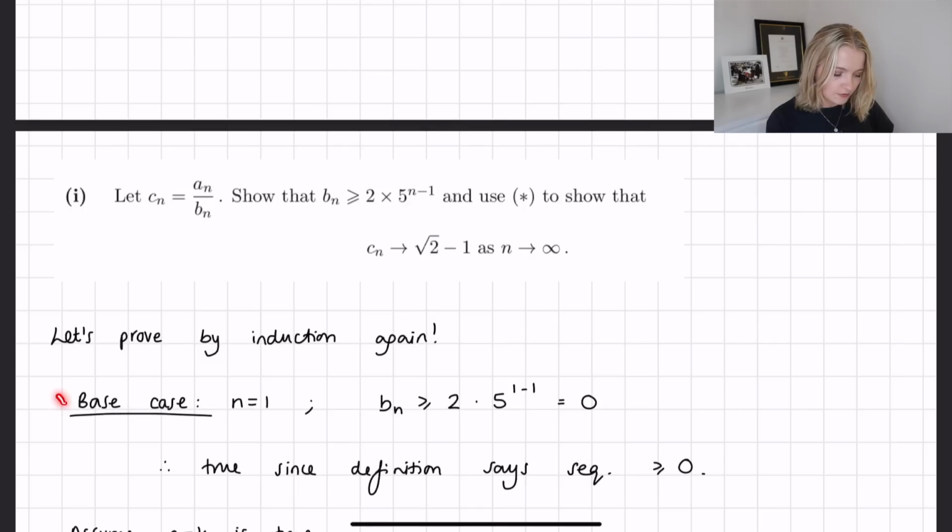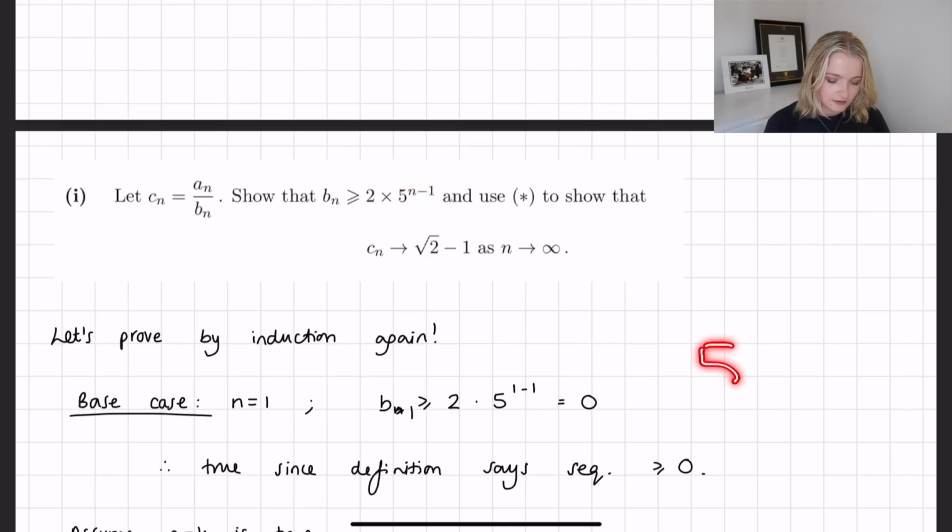So again, we have number 1, which is the base case, and we say n is equal to 1. Well, what does this become when n equals 1? That should actually say 1 there. Let me just change that. So b1 for this case here is greater than or equal to 2 multiplied by 5 to the 1 minus 1.